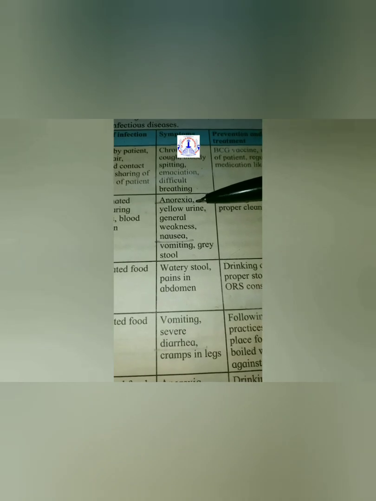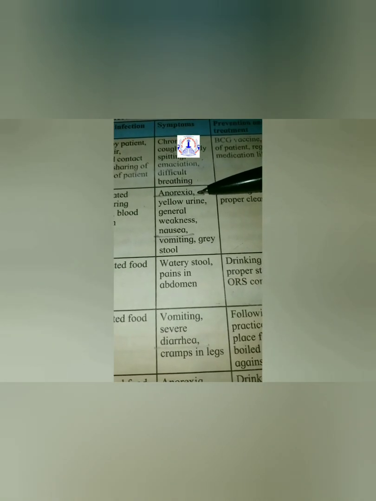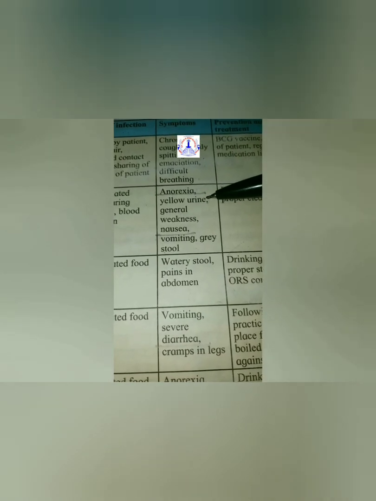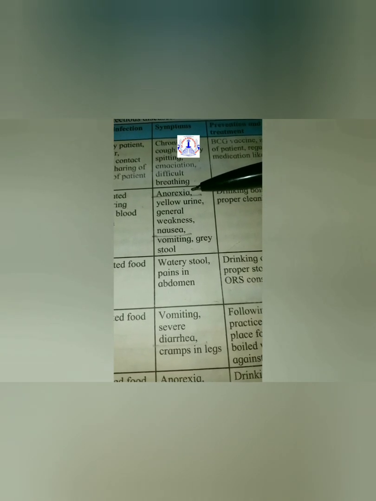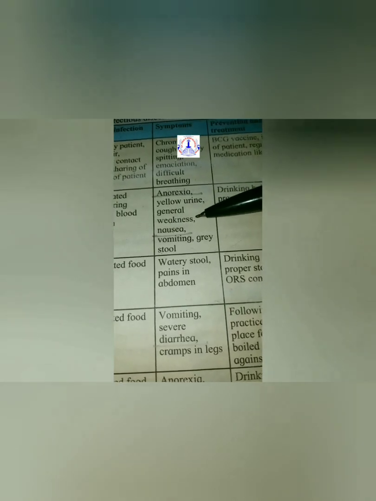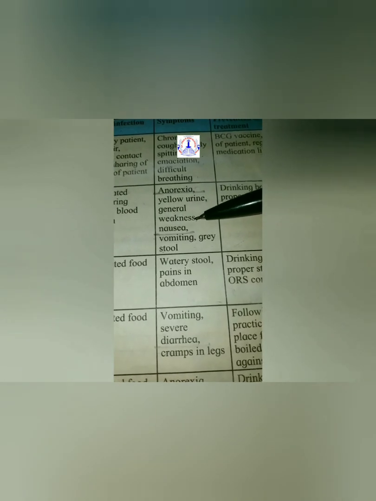Anorexia means an eating disorder, that is, loss of appetite. The person will not like to eat. Urine color will be yellow. General weakness: the person is not eating food properly, so there will be weakness.